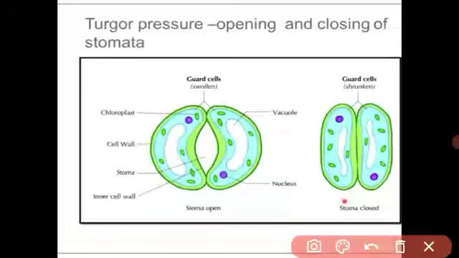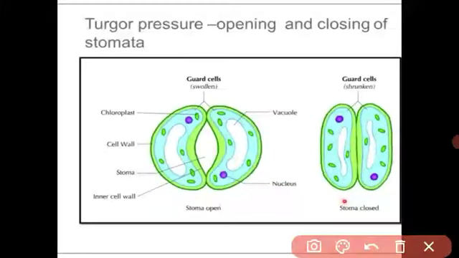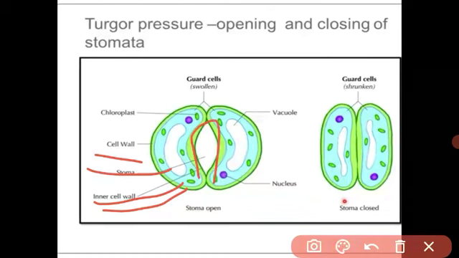The stomata are made of two bean-shaped guard cells, and these guard cells continuously absorb water from the surroundings. Whenever the guard cells swell up and become turgid, they open the stomata. When the stomata are open, the plant can absorb carbon dioxide from the atmosphere. The plant also throws out water by the process of transpiration.